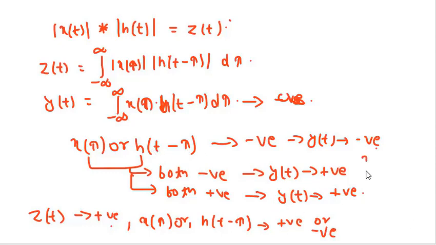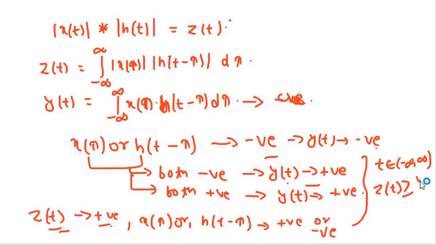So from these two, you can see that when y(t) is positive, z(t) is equal to y(t), and when y(t) is negative, then z(t) is greater than y(t). So you can write this as: for t belonging to minus infinity to infinity, z(t) will always be greater than or equal to y(t).